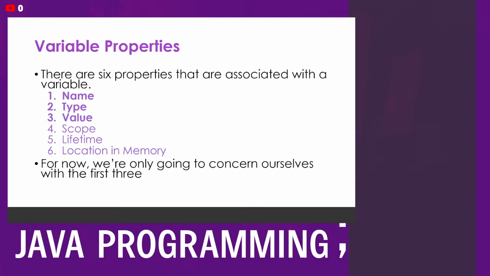Right? And so in Java, a variable has 6 different properties. Right? A variable has a name property, a type property, a value property, a scope property, a lifetime property, and a location and memory property. For now, we're only going to concern ourselves with these first three: name, type, and value.